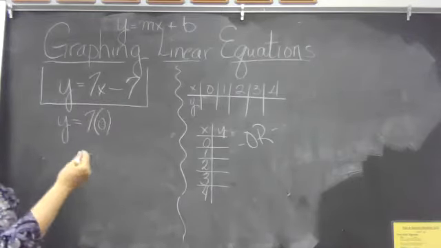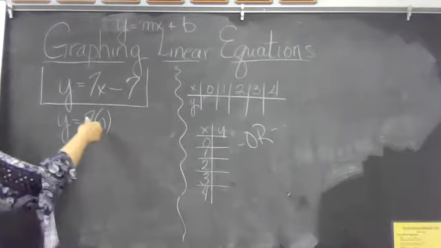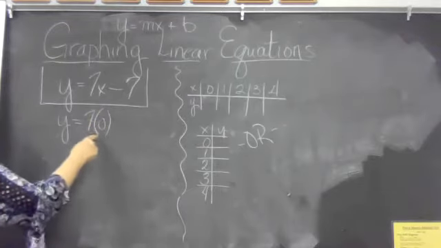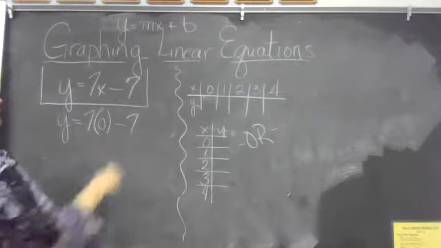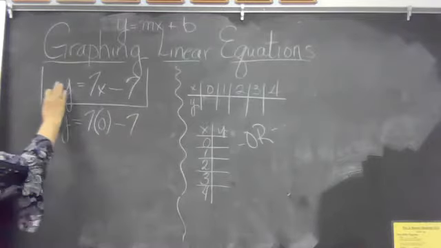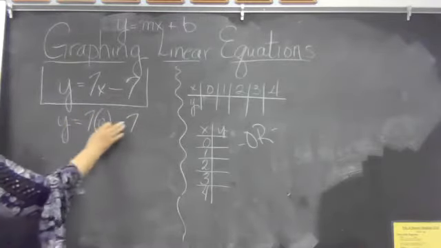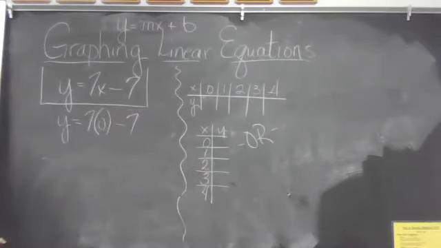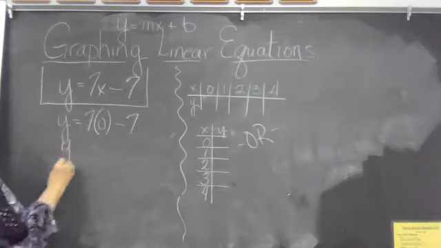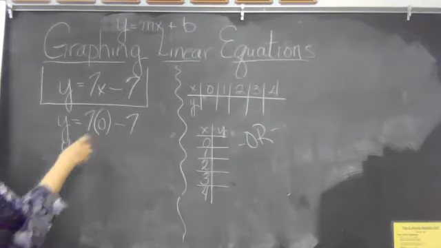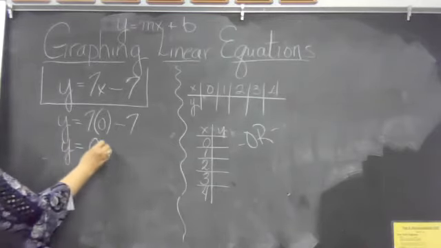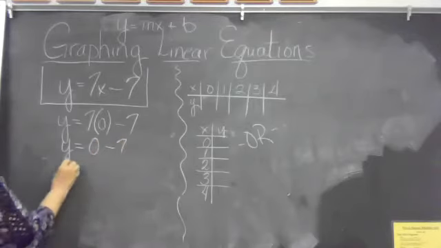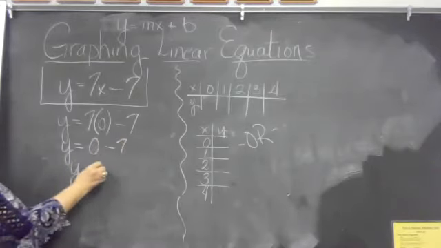Substitute your values, or plug them in, with parentheses, always. I copied this equation down, and the only change I made was to plug in the x value that I'm working on right now. So y equals, 7 times 0 is just 0, minus 7. So y equals negative 7.